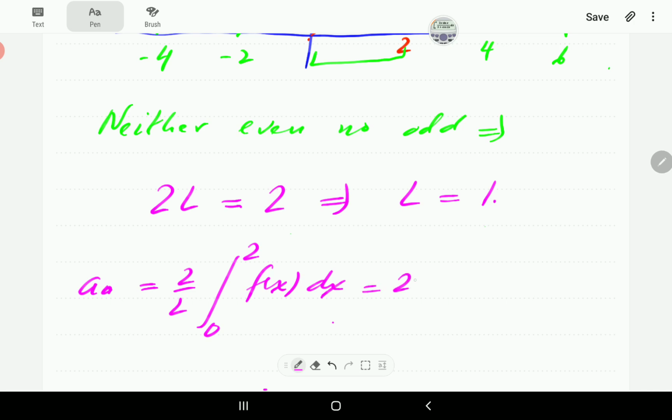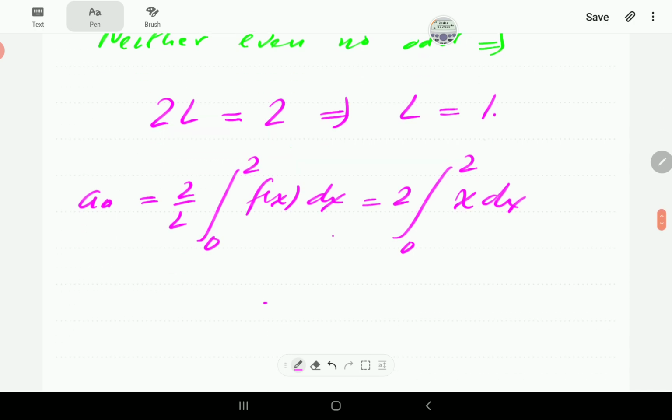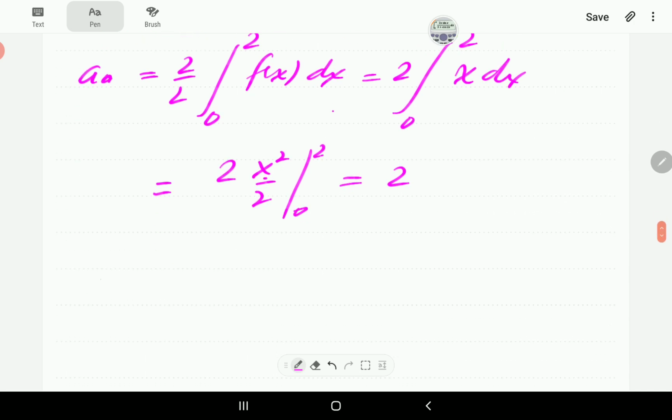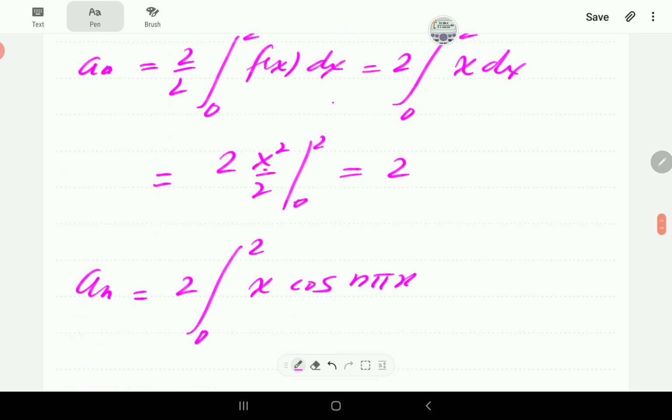That's 2x squared over 2 from 0 to 2, which gives us 2. And then for a_n, we have 2 times the integral from 0 to 2 of x cosine n pi x over L, but L is 1, so it just looks like that.